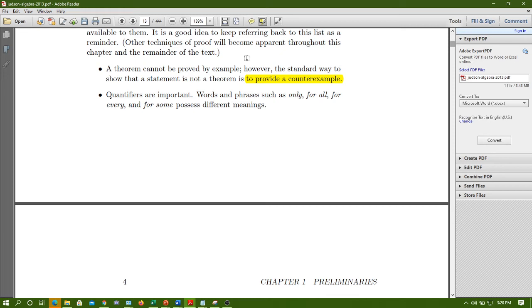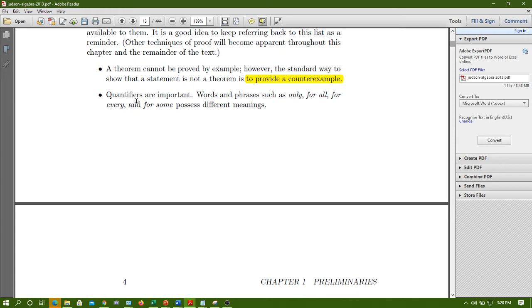But that is not how it works in mathematics. We need to use a counterexample, because if we can show that the statement is false because of this, then the statement is not a theorem. That's how we think when we do mathematical proofs.